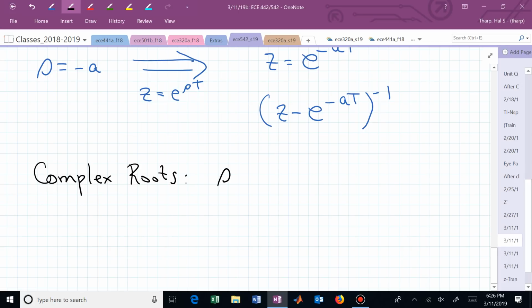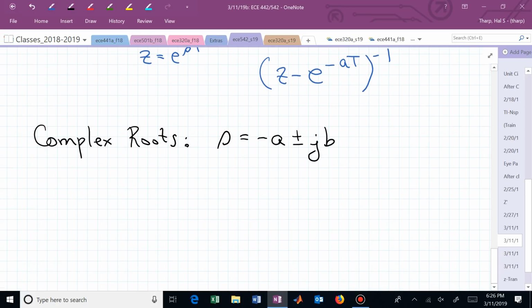Suppose now we have s is minus a plus and minus jb. Why do we have plus and minus? Because we're dealing with real coefficients in our denominator, and so we'll have complex poles appearing as complex conjugate pairs.